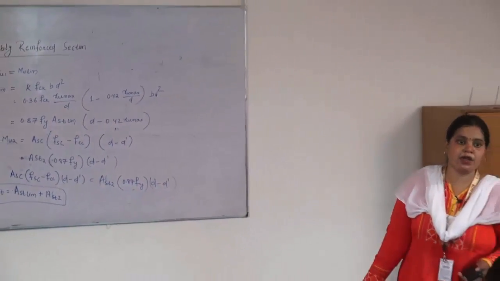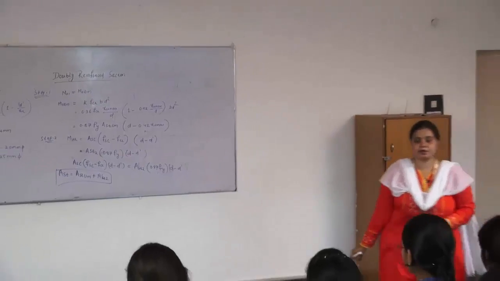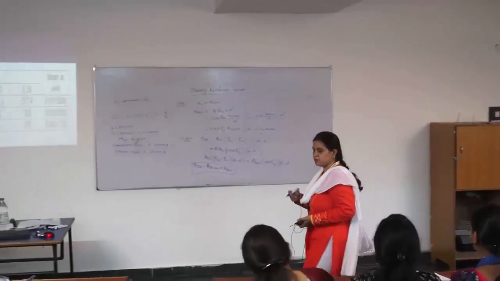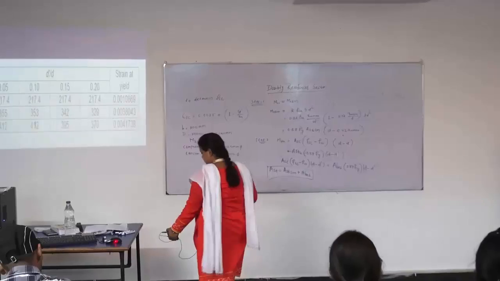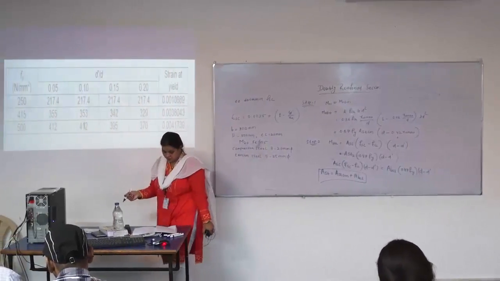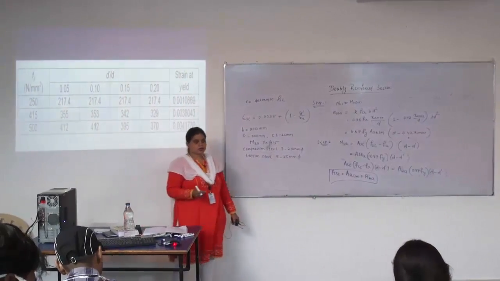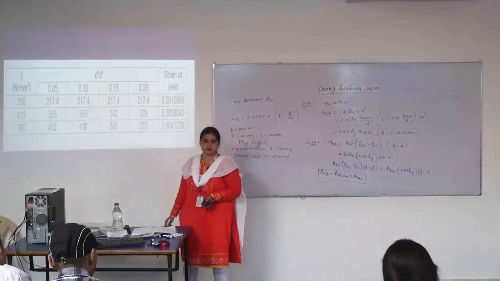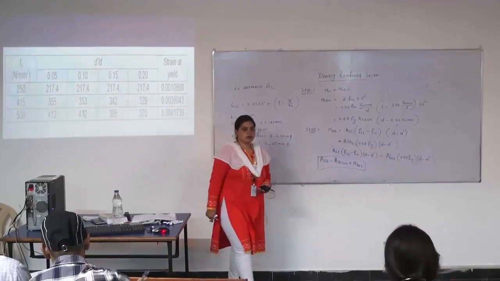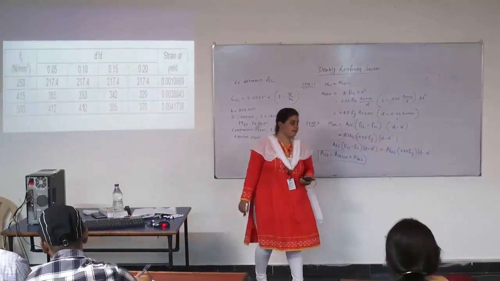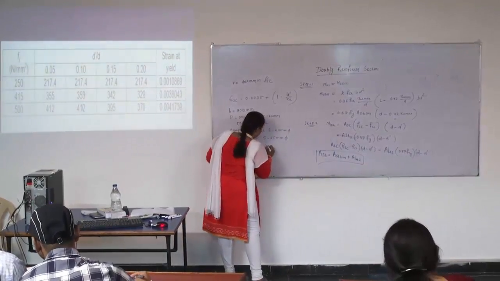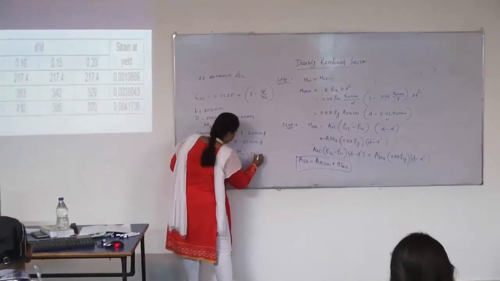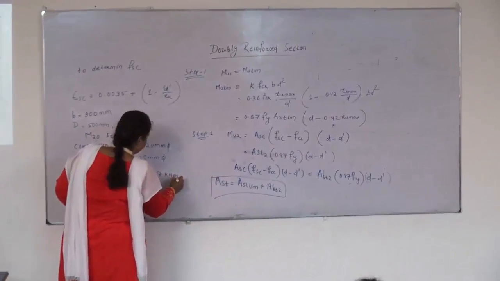First, calculate MU limit. Tell me what is MU1, calculate yourself. It is 177 kilonewton meter.